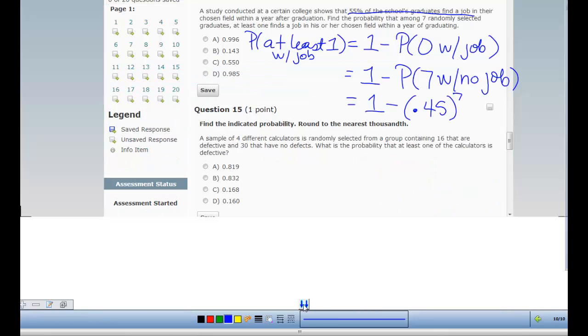A sample of 4 different calculators is randomly selected from a group containing 6 that are defective and 30 that have no defects. What is the probability that at least one of the calculators is defective? Okay, so again, an at least one type problem.